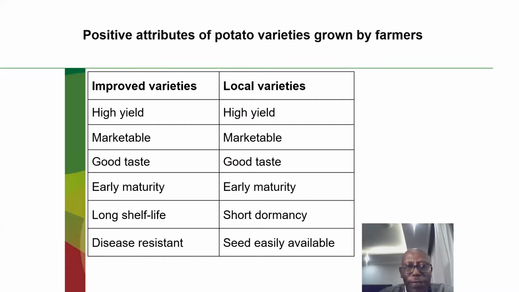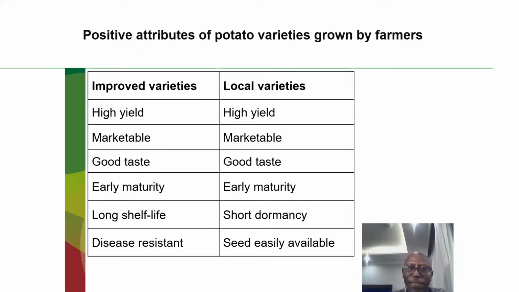We asked farmers the criteria for picking those varieties, and invariably, whether local or improved, the attributes are the same, except in a few cases. They all want varieties that are high yielding, marketable, good taste, and early maturity. However, in improved varieties, they would like to have varieties that have a long shelf life and are disease resistant, whereas among the local varieties, those with short dormancy and easily accessible seed were most preferred.